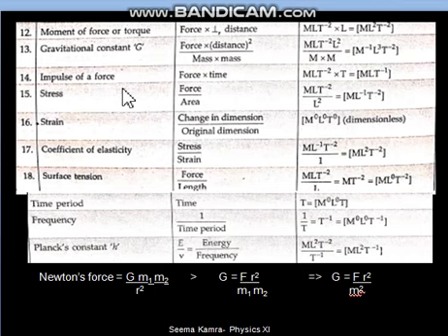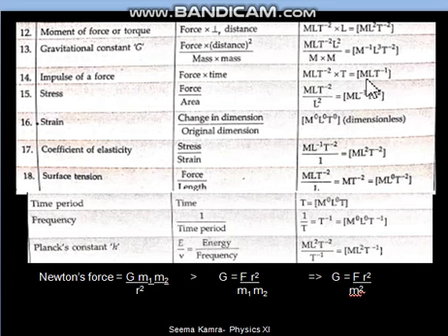Next quantity, impulse of a force. It is also new for you. So remember now, impulse is a force into time. So force is M1 L1 T minus 2, time is T. So finally only the time power will change. So M1 L1 T power, you see minus 2 and plus 1, so minus 2 plus 1 will become minus 1 power.